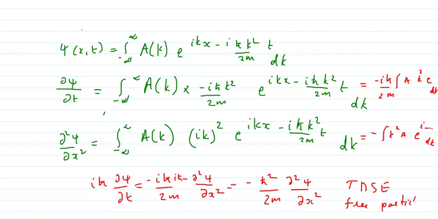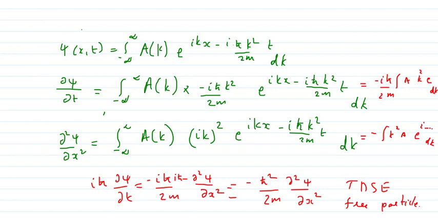Now we can extend it also to 3 dimensions by just giving, instead of dou square by dou x square, the operator del, so that it represents the 3-dimensional equation.